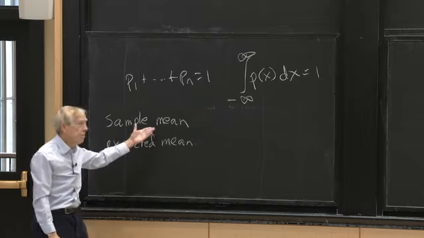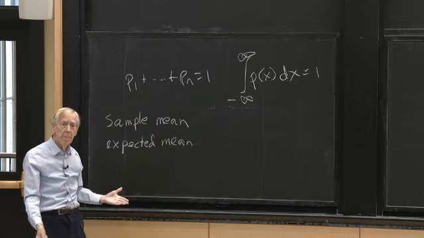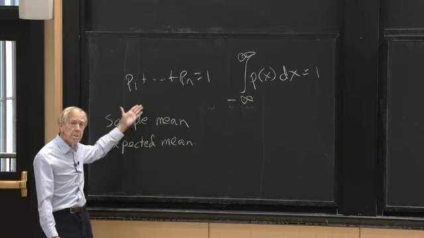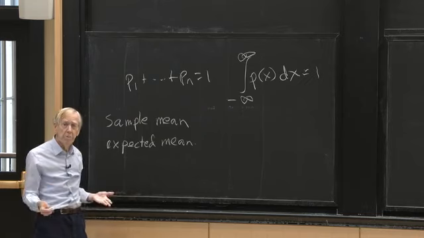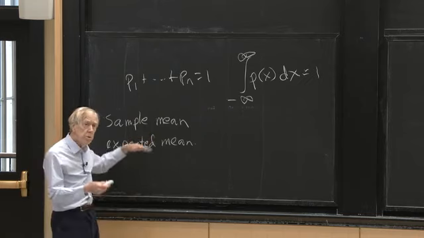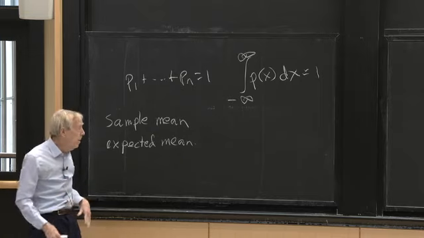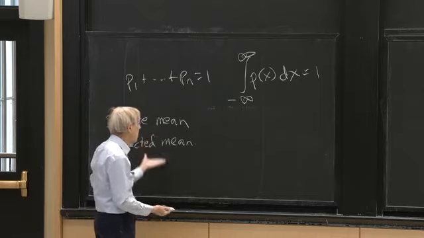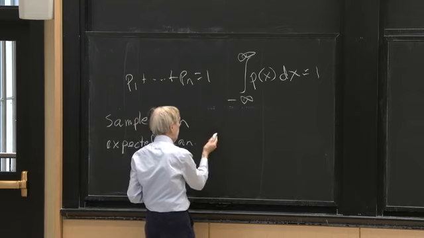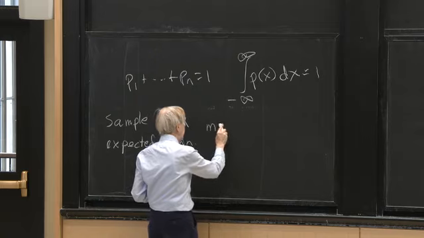Okay. So for the sample mean, we've done an experiment. We've got some output. The expected mean means we know probabilities, but we haven't used them yet. So the sample mean uses actual output, and shall I just say M for mean?